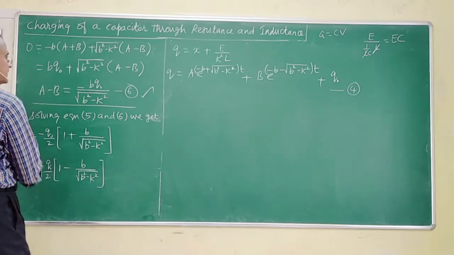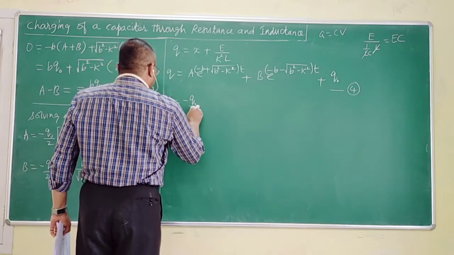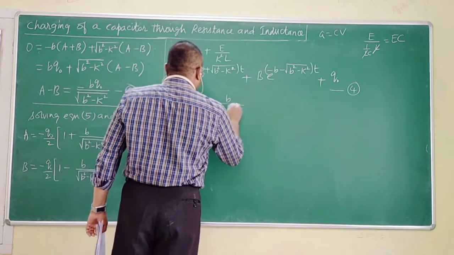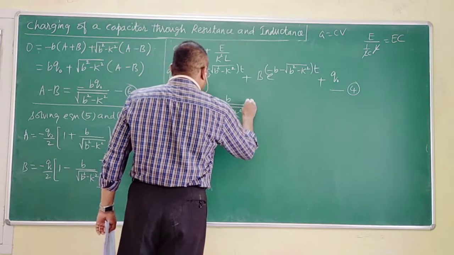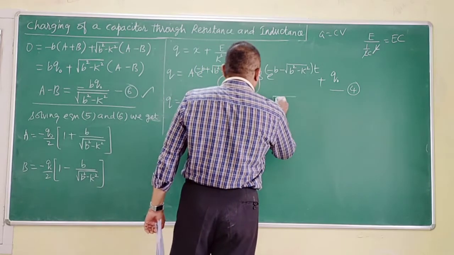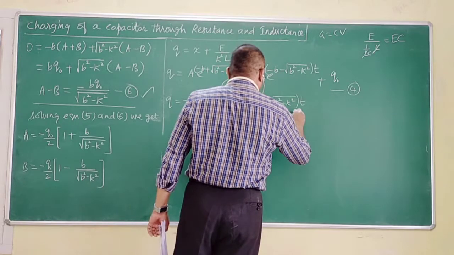This is the value of A. Q is equal to minus Q naught upon 2, 1 plus B by under root of B squared minus K squared into e power minus B plus under root of B squared minus K squared into T plus.